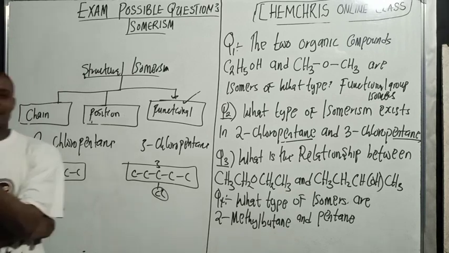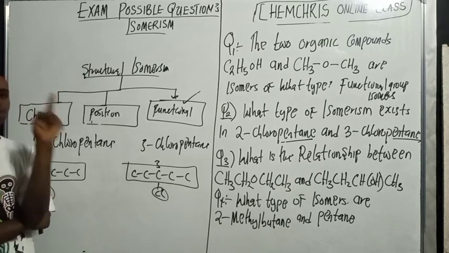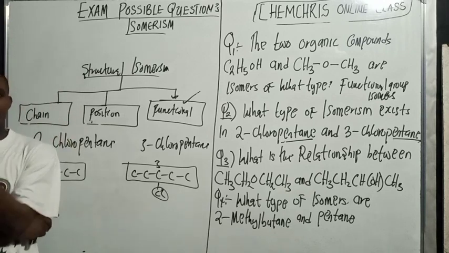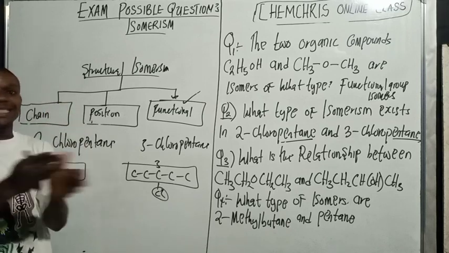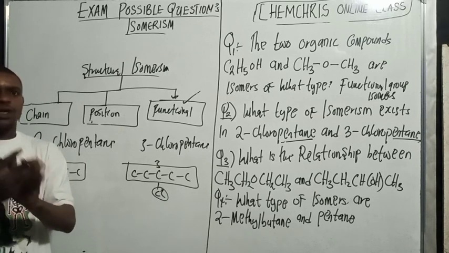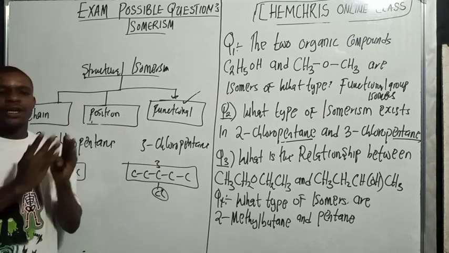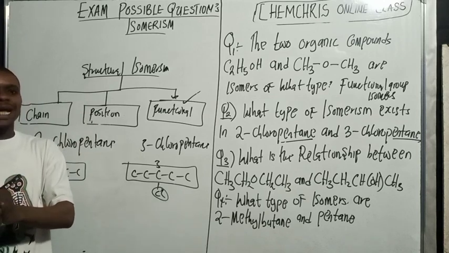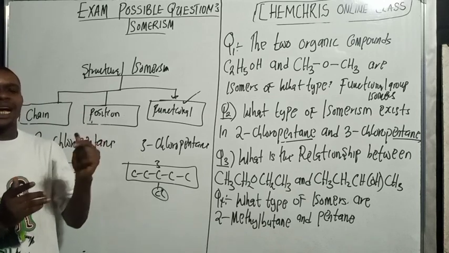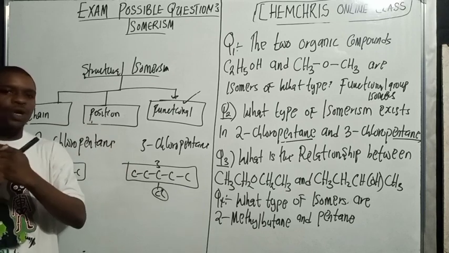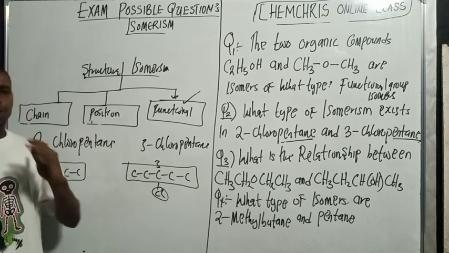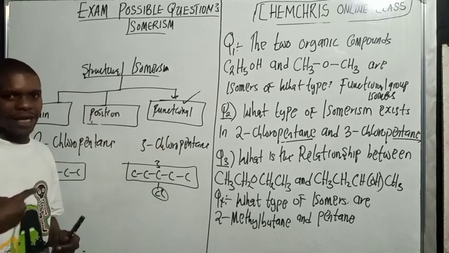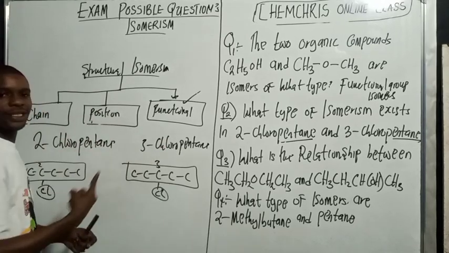Now if for example here we have 2-pentanol and 3-pentanol, the only difference is that they both have the OH functional group, but one has the OH at carbon number 2, one has the OH at carbon number 3. Do you understand?